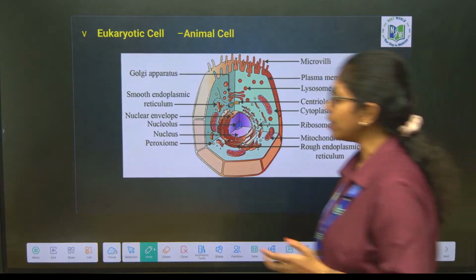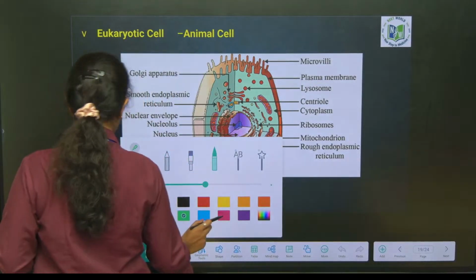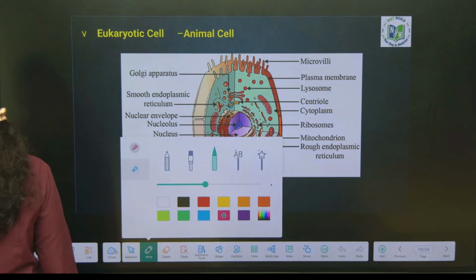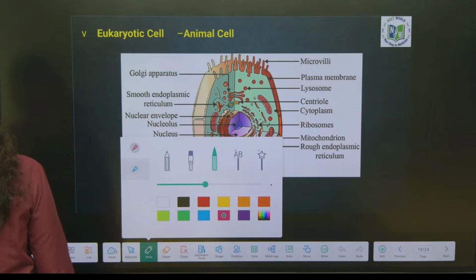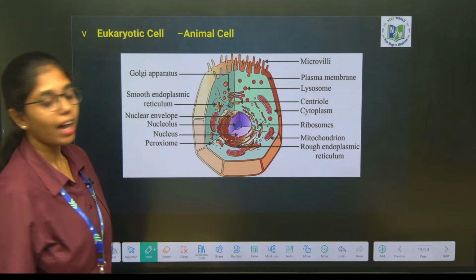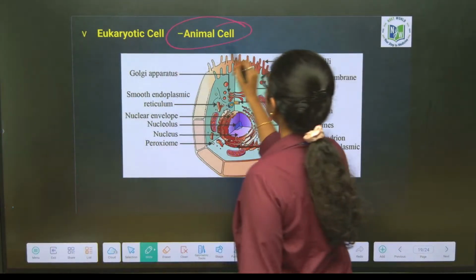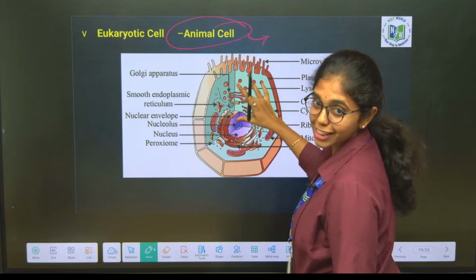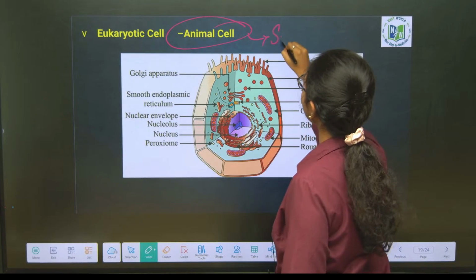The animal cell, which is given in our NCERT, this is the diagram of the animal cell. This is the cell which is given from the small intestine.